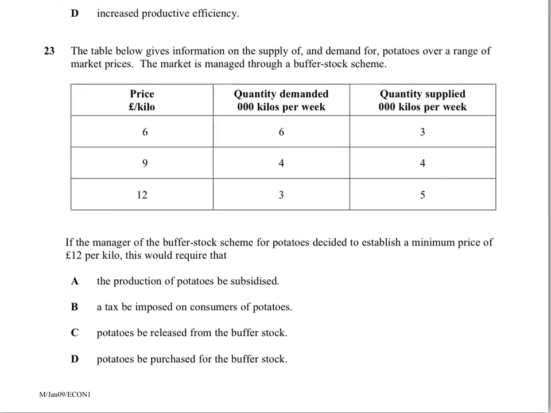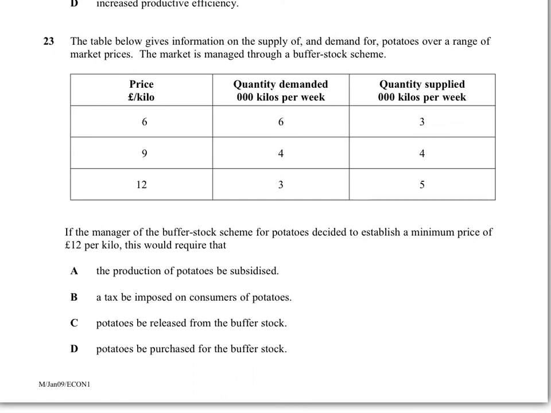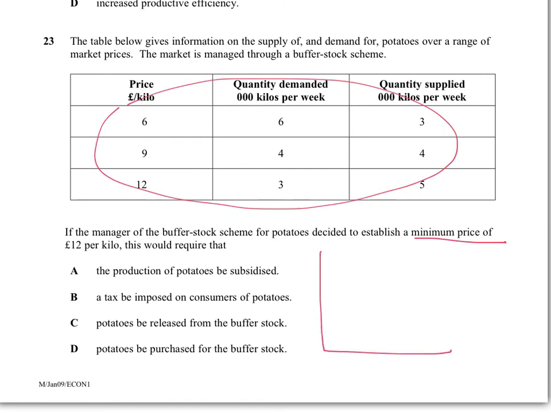23. Okay, quite a complex question in 23. We have price, quantity demanded, quantity supplied. It tells you that the buffer stock scheme is operating and he wants a minimum price of 12. This would require, okay, from the table and the information here, I would draw a diagram. We know what the equilibrium is, look, because 4 and 4. So this means you must be here.